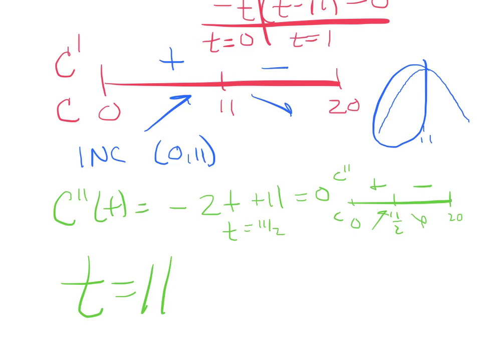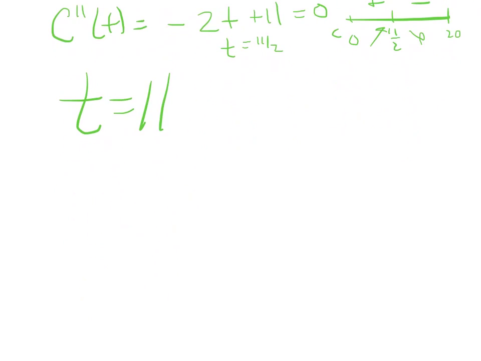Let me try to draw out a picture for you as well. If something is increasing at its greatest rate, I think it would look something like this. Clearly, would you agree that this function, let's pretend this is 0 to 20 here, is increasing, and that's very obvious, the function's going up.